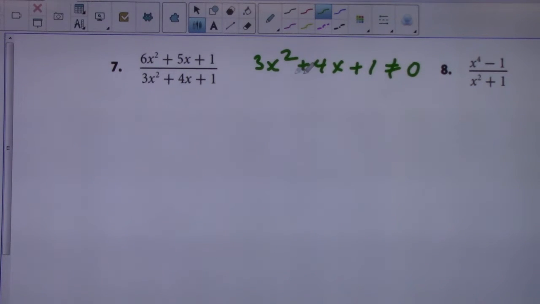So how can we factor this guy right here? Any ideas on that? How are we going to factor that? Somebody help me out with Preston or somebody.